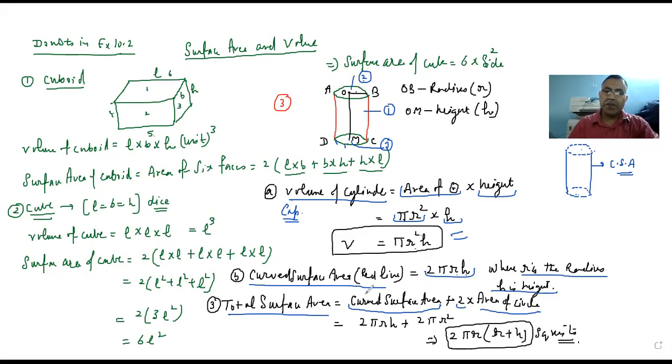So the curved surface area I have already done, 2 pi r h, and this is 2 pi r square. That means pi r square plus pi r square will be 2 pi r square. So I have taken 2 pi r common. This is r plus h. This is the area.